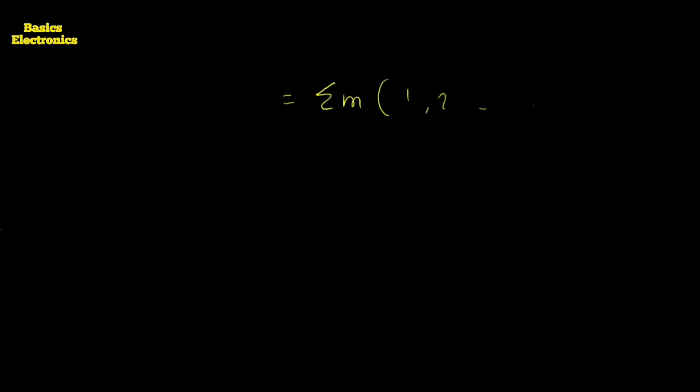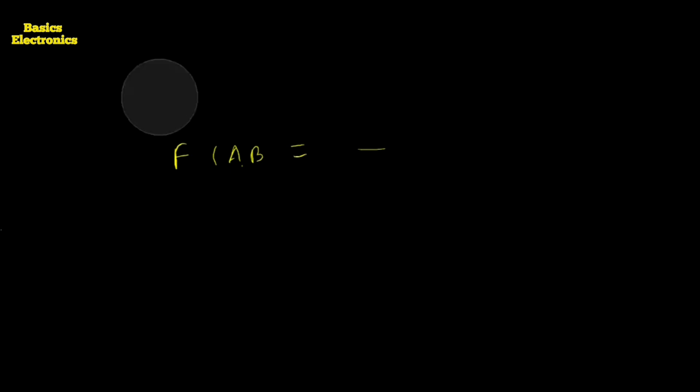The multiplexer equation is the function of a, b, c equals summation of min terms 1, 2, whatever is given. But here we can implement many equations by using a single demultiplexer.